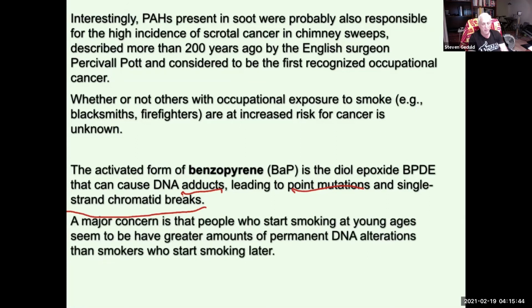A major concern is that people who start smoking at a young age seem to have a greater amount of permanent DNA alterations than smokers who started later in life. The more you're exposed to it, the more point mutations and chromatid breaks you're going to have, and the more it's going to lead to different types of cancer.